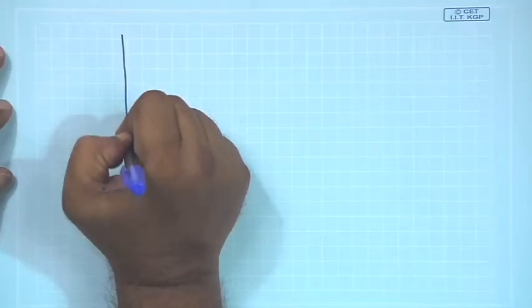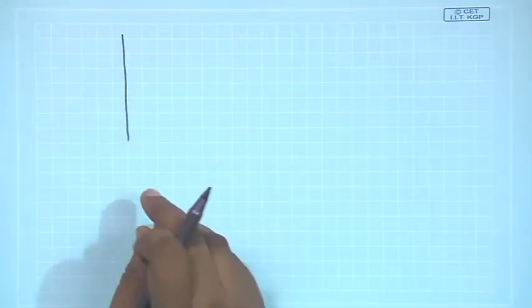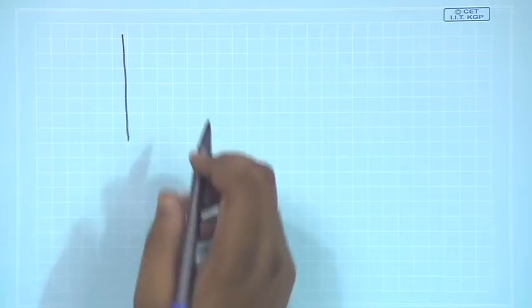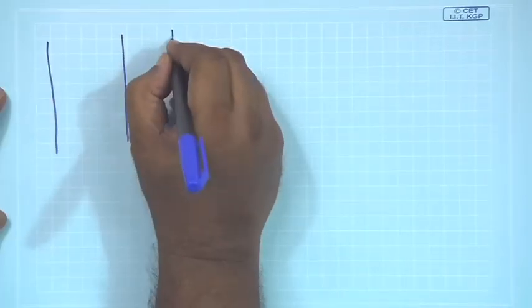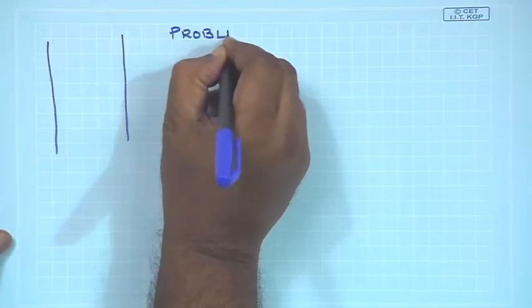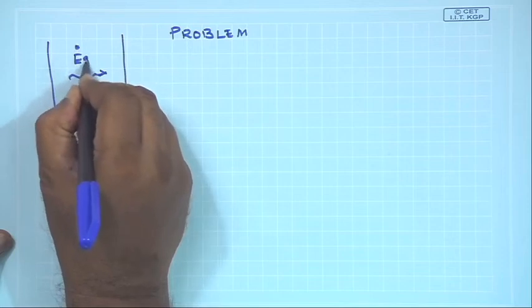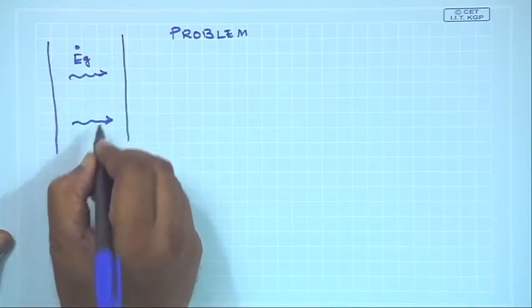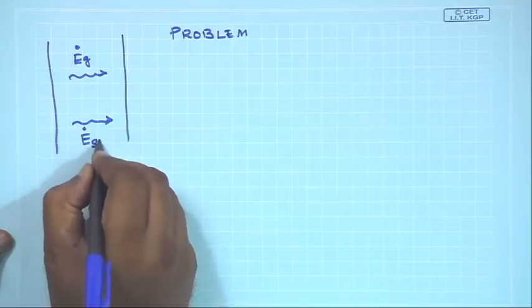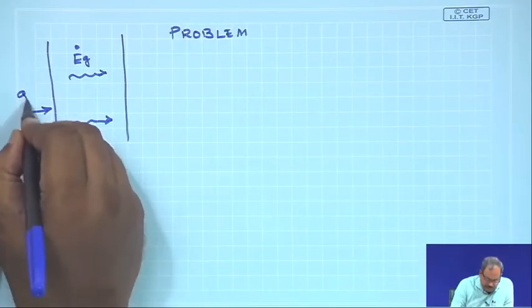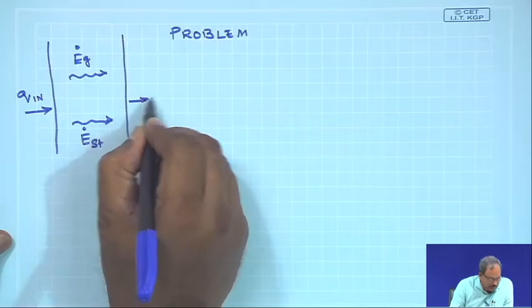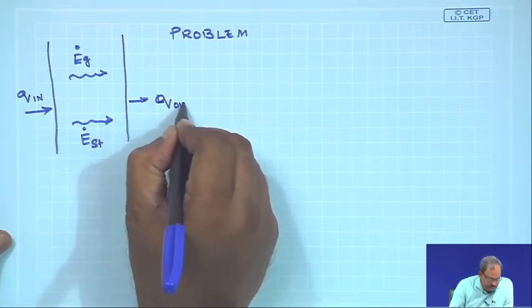So, very quickly, the problem that I would like to give you is about a solid wall which is generating some amount of heat, E dot G, and it is not at steady state. So, there is some E dot stored in it, some amount of heat comes into the system, and some amount of heat goes out of this system.